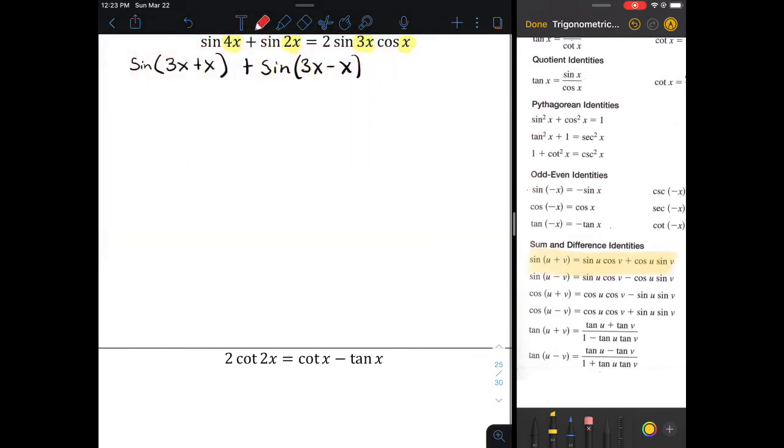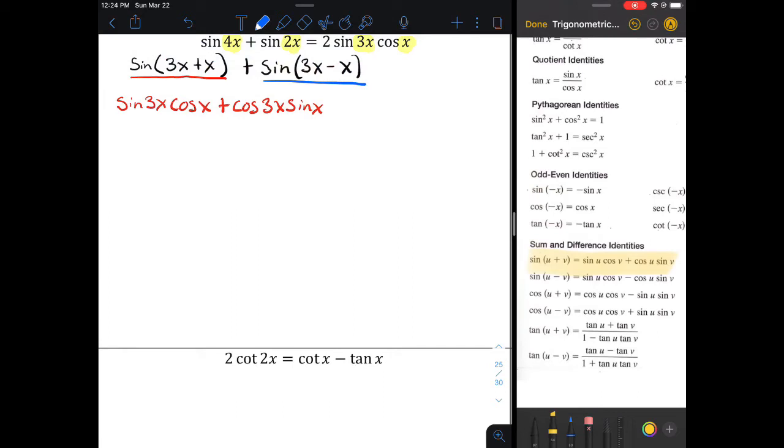Now I'm going to do sine of the angle here, of 3x plus x. That's going to be sine of 3x times cosine of x plus cosine of 3x times sine of x. And then we're going to do the same thing for the sine of a difference.